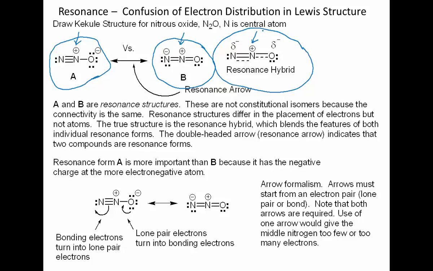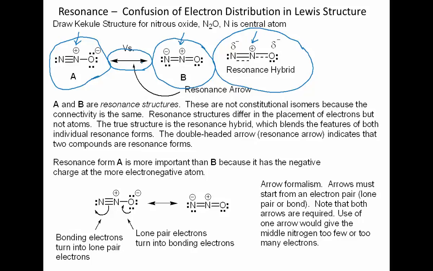So both the outer nitrogen and the oxygen would have a partial negative charge. Okay? To represent that something is a resonance structure, we would use this arrow here called the resonance arrow. So this is the resonance arrow, the double-headed arrow. When you see it going between two compounds, it implies that they're resonance forms.